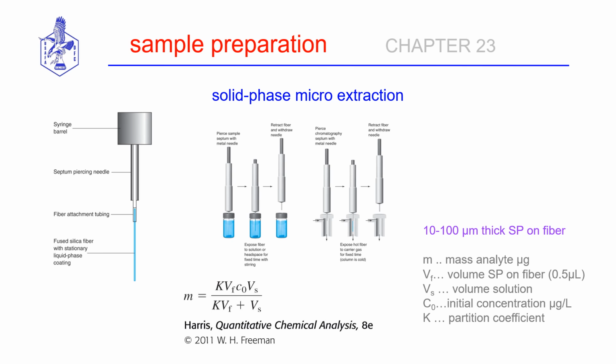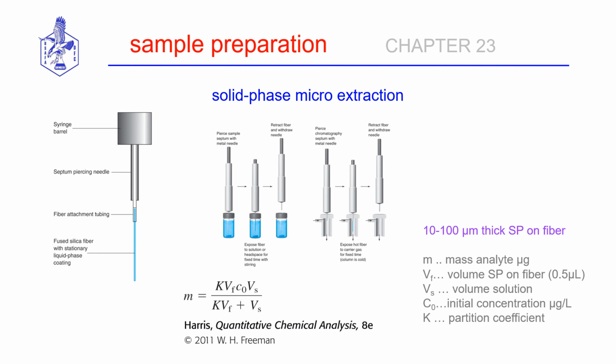Remember that whatever components come off the end of the column have to be at a high enough concentration that the detector, with its limit of detection, its sensitivity, can discern that those species are present. So if we are dealing with trace analysis, a very useful technique is to use solid phase microextraction. So this is how it works.